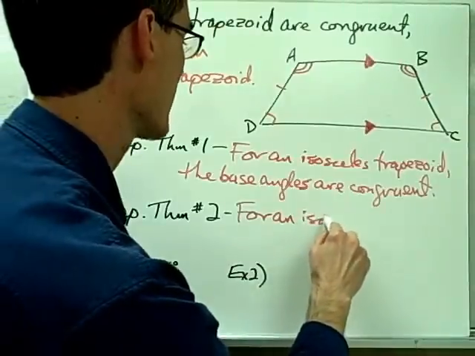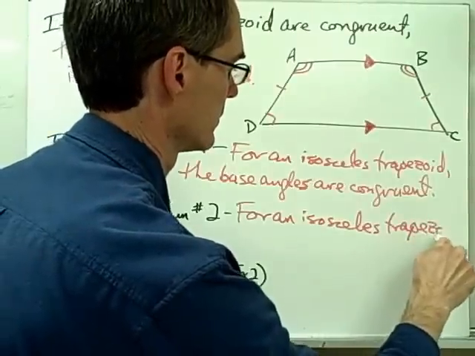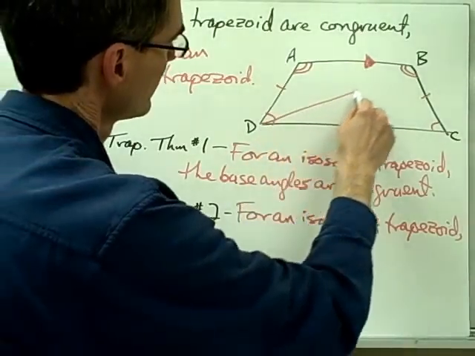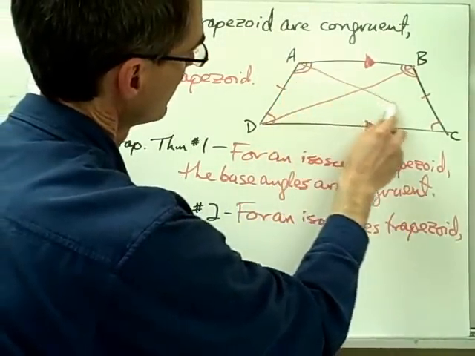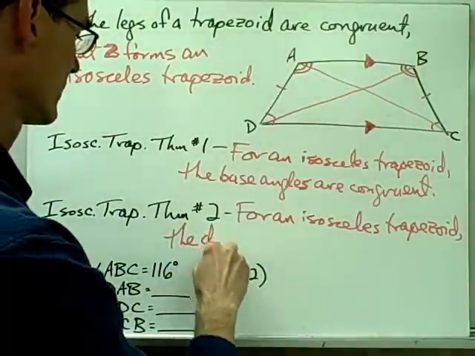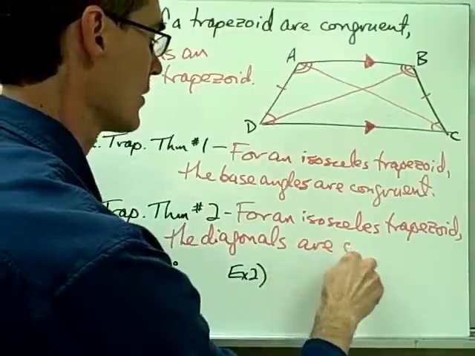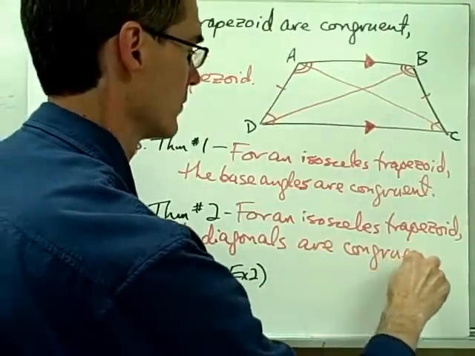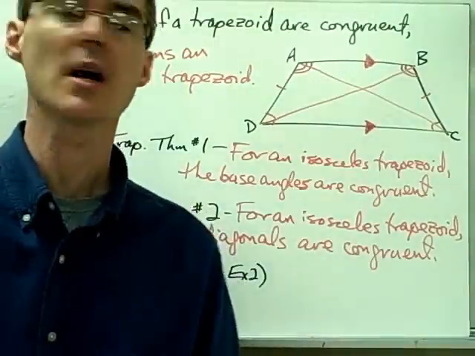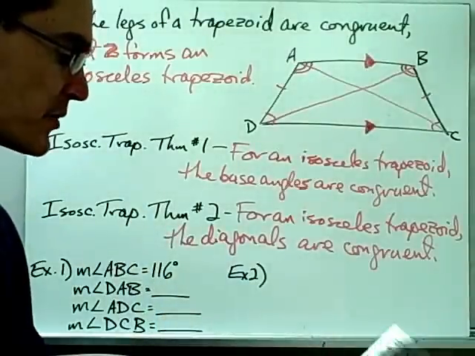For an isosceles trapezoid, the diagonals are congruent. So here we have these two particular properties of isosceles trapezoids. So we can use these properties to solve examples number 1 and 2.